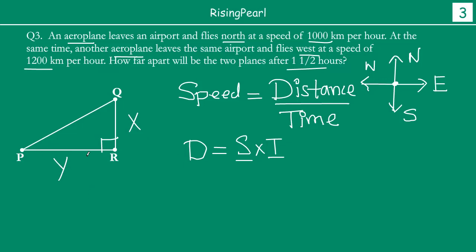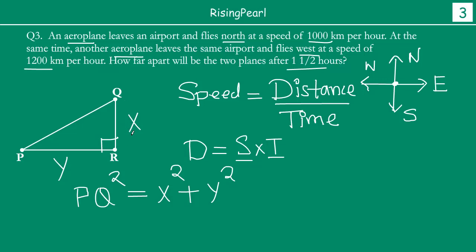So what you have is triangle PQR is a right angle triangle, right angled at R. So applying Pythagoras theorem, PQ square is equal to X square plus Y square, right? Because Pythagoras theorem tells us the hypotenuse square is equal to the sum of the squares of the other two sides.